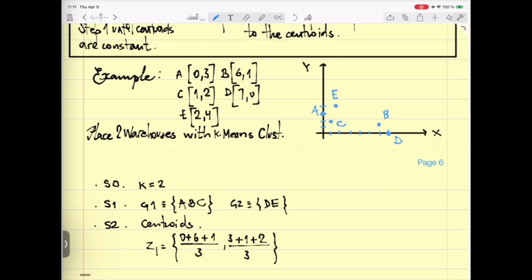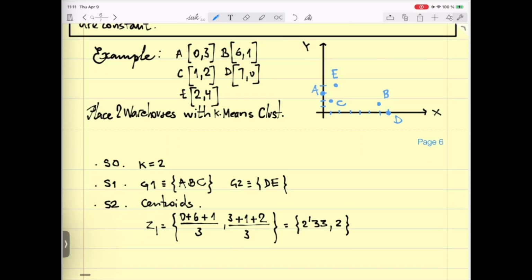So the first centroid of the first group is going to be 2,3. And again, I know this is not correct, but I want to test your ability to solve the algorithm under unpleasant conditions. So the exam is not going to be a piece of cake.